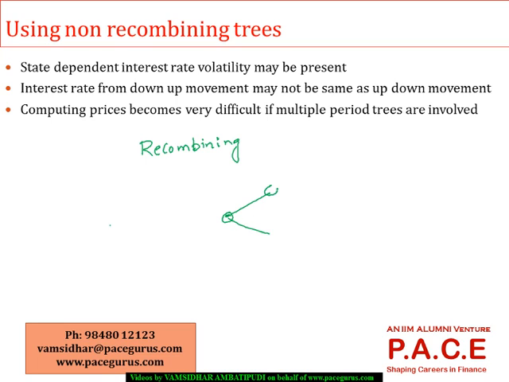What is recombining? Whether it goes up first and then comes down, or goes down in the first year and then goes up, we are assuming that both of them will reach the same node. This is one of the major assumptions of the recombining tree.